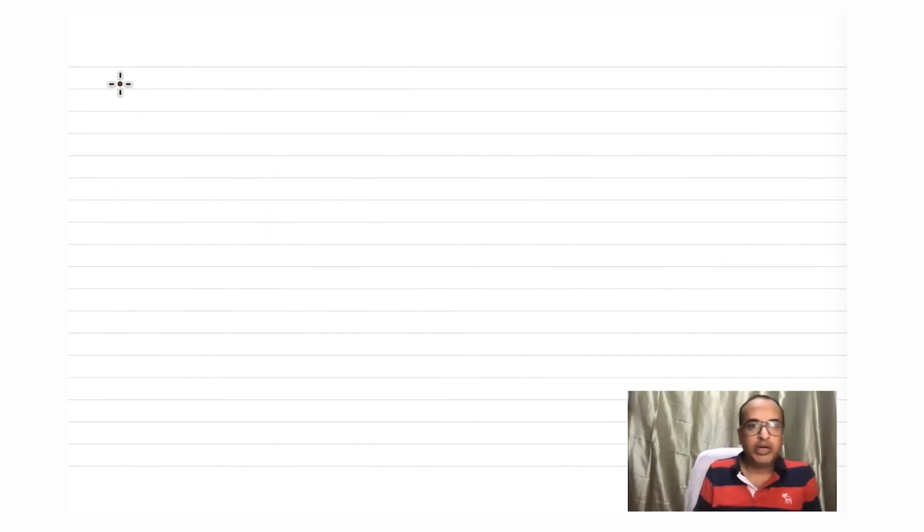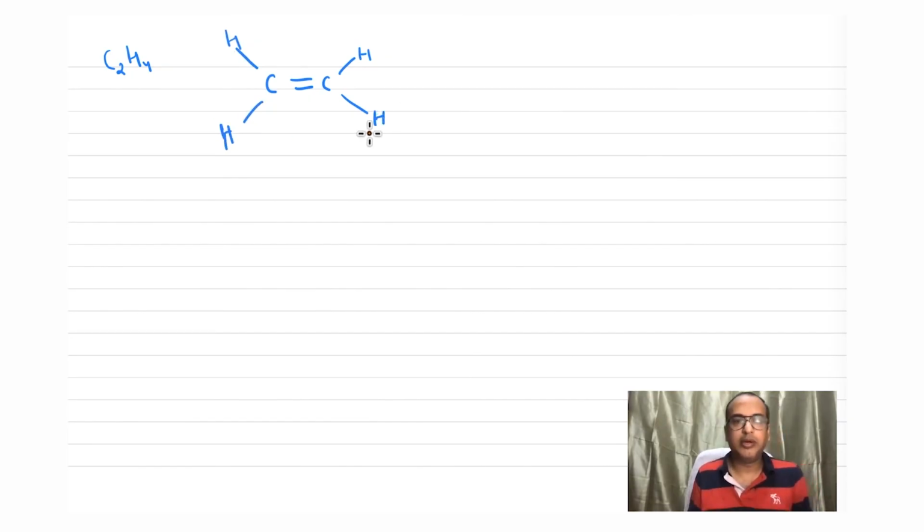Let's take one more example before we stop. So let's try to work out C2H4, where all the axes will be present. So C2H4, if you draw out the structure, will be like this. It's a planar molecule again. Right? Okay.